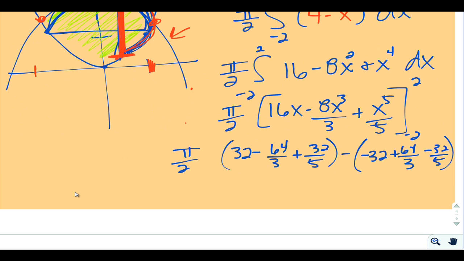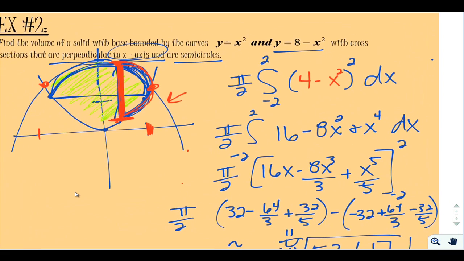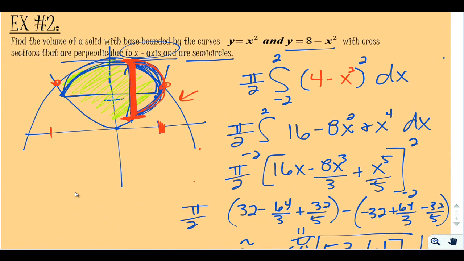You could sit here for a while and get a common denominator and give me an exact answer, or you could plug it in your calculator and get me 53.617. 53.617 would be the volume of this solid if the cross-section was a semicircle.